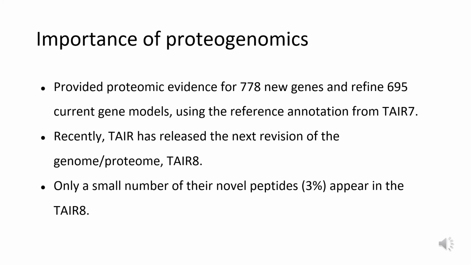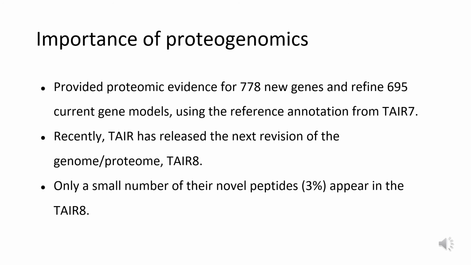By investing in proteogenomics to complement more traditional cDNA and EST data at the onset of genome annotation, a more complete and accurate proteome can be achieved even in the early releases. They provide proteomic evidence for 778 new genes and refine 695 current gene models using the reference annotation from TAIR7.